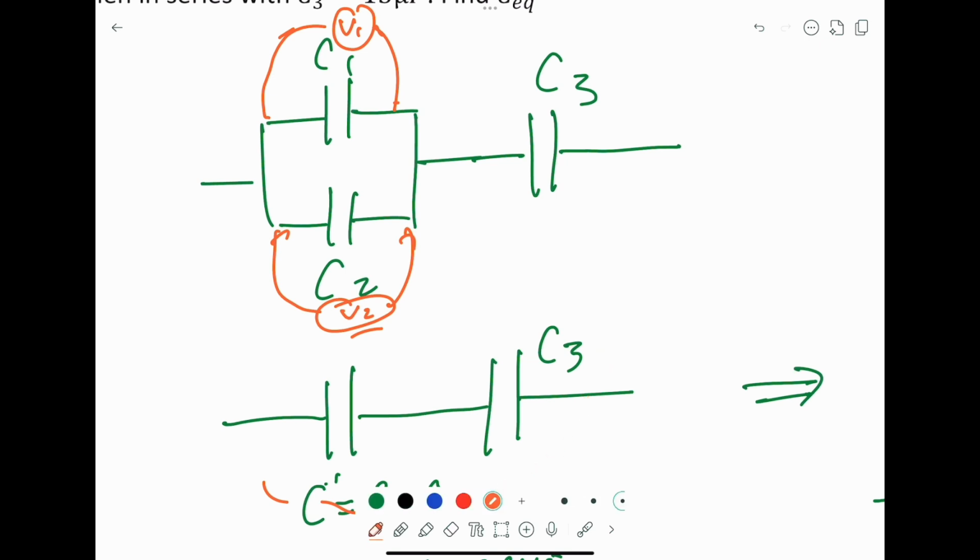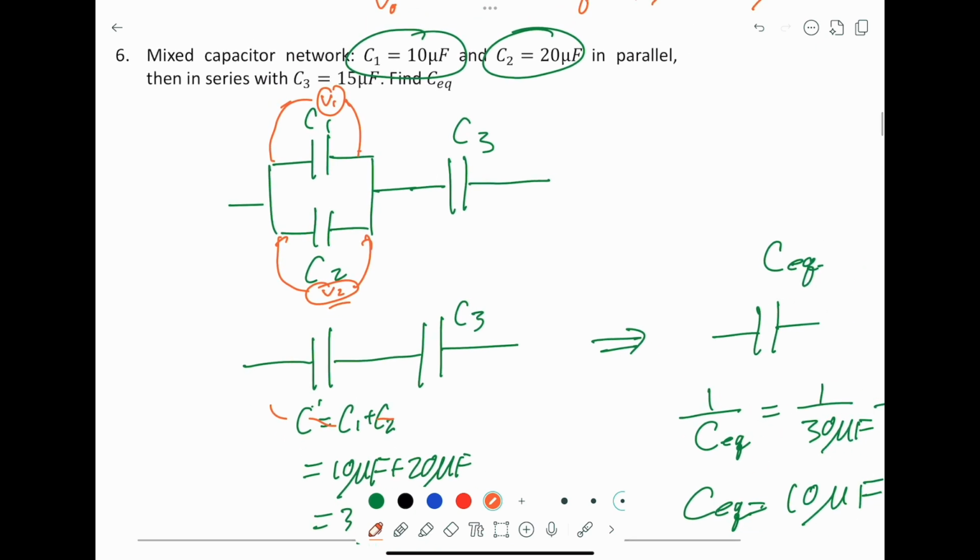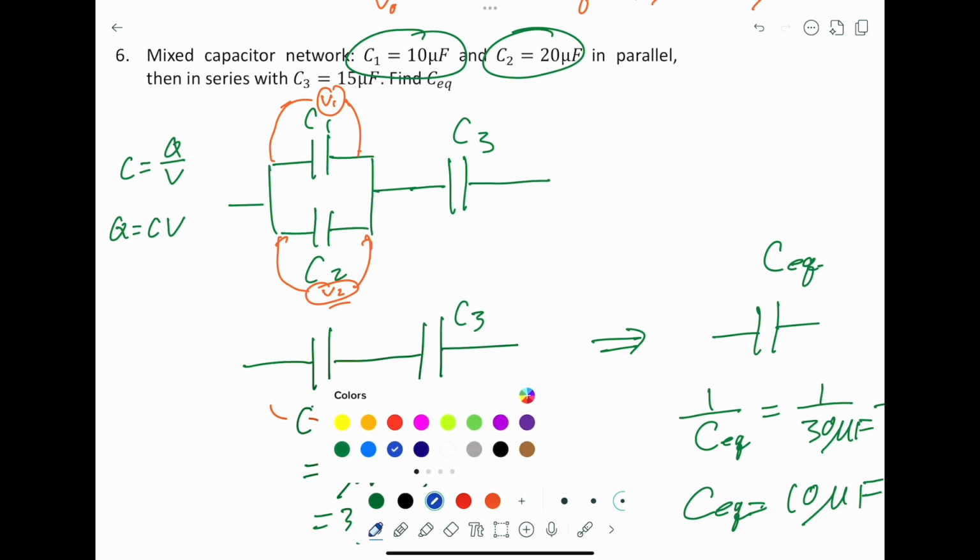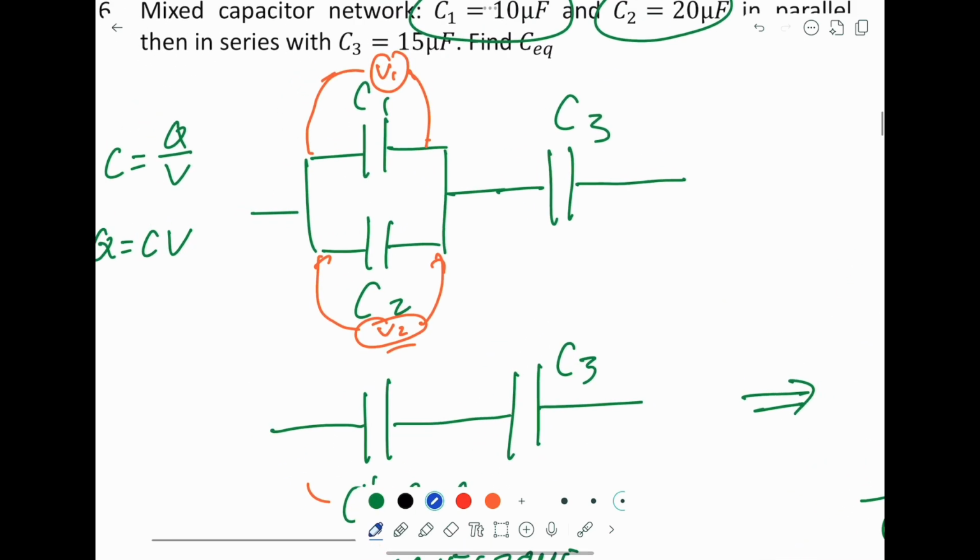But this time, we ask one question: what's the difference? C equals Q over V. C1 and C2 could be different, but the voltage is the same. So the charge will be different, because charge is equal to CV. How much charge stays on C1?